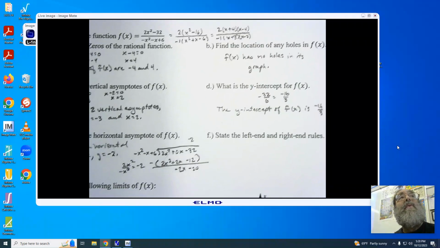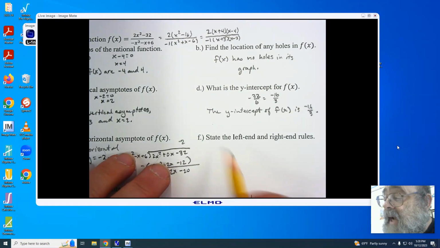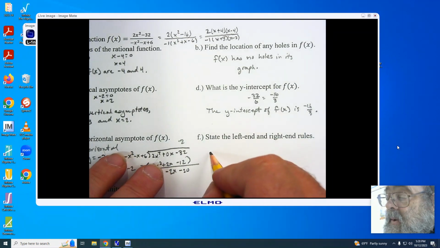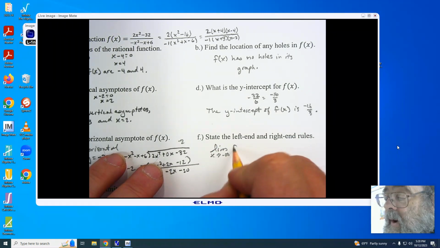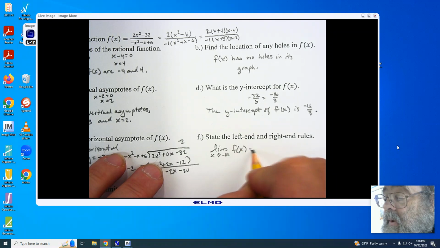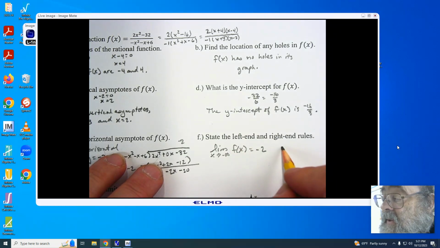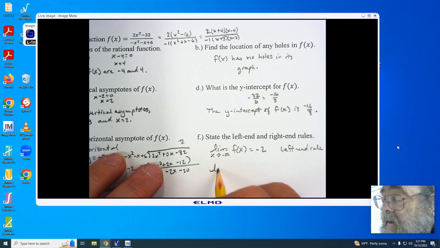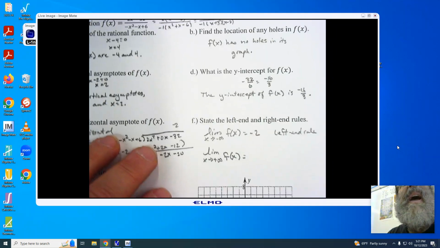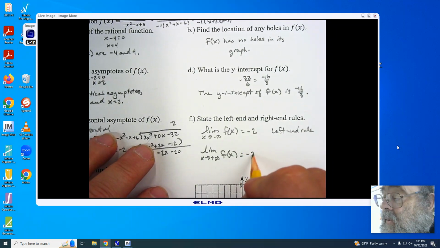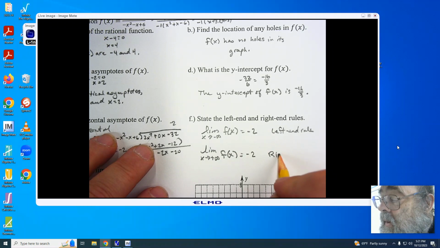So the answer to state the left and right hand rules, we do the limit as x approaches negative infinity for f of x equals -2. This is the left-hand rule. Then we do the limit as x approaches positive infinity for f of x. And once again, we're looking at -2, and this is the right-hand rule.